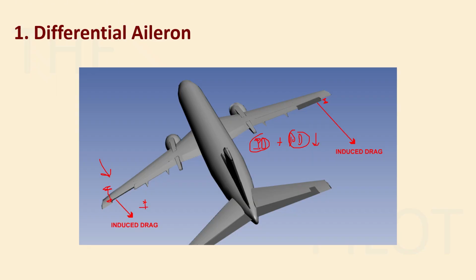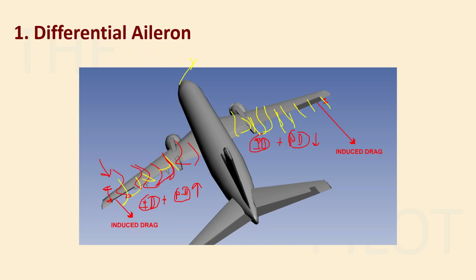Induced drag was already less, but it was there, and the parasite drag has increased. So the parasite drag on this wing has increased, which means there is more total drag on this wing, right? So there will be more total drag here, and on the other side the drag was reduced. Before, there was more drag on the other wing. That's why it was yawing to the right.